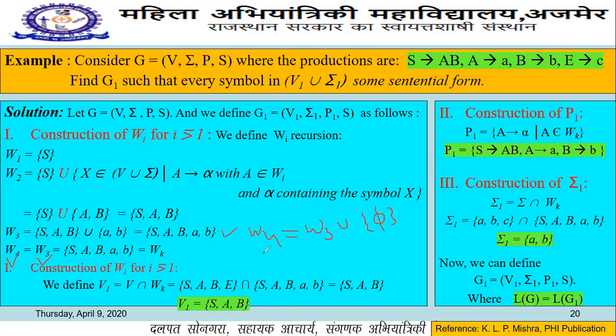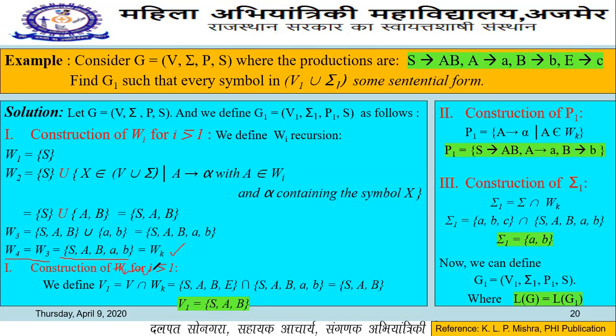Therefore, W4 is equal to W3, which is S, A, B. These are the variables, and small a and small b are the terminals, and this set is known as WK. By using this WK, we will construct the sets.